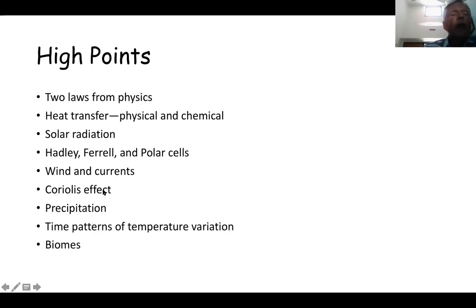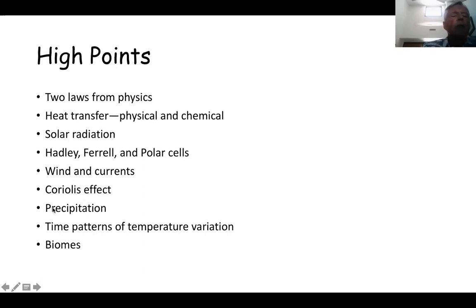We talked about the Coriolis effect, which is the bending of winds and currents, the movements of gases and waters on the surface of the Earth as a result of friction, inertia, and variation in angular velocity or absolute velocity of the surface of the Earth.